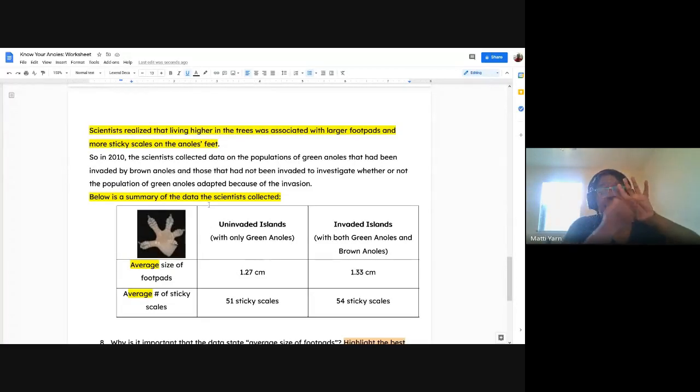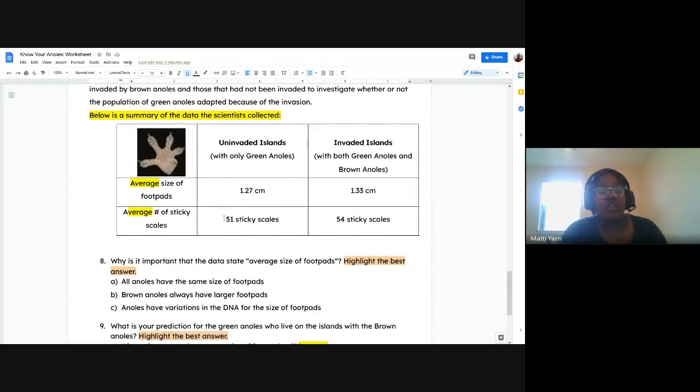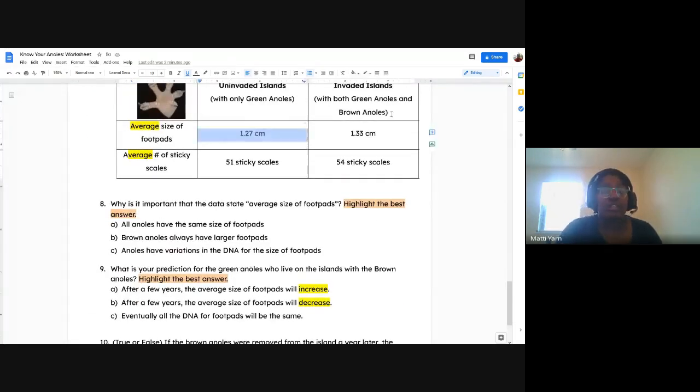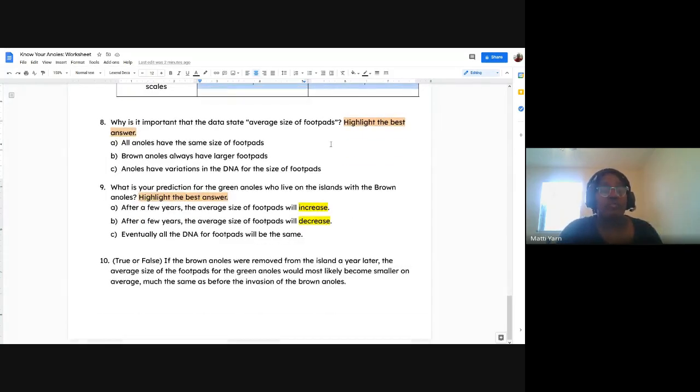So actually how many sticky pads and then the actual size of their foot pads. And so again, separated by uninvaded island, which was only green anoles, and the invaded island with the green and the brown. And so your goal over the next three questions is to use this information to compare and interpret that information based on what you've been given.